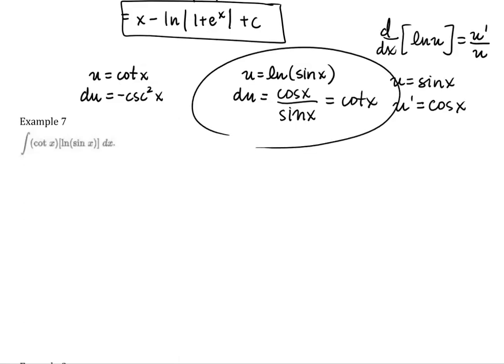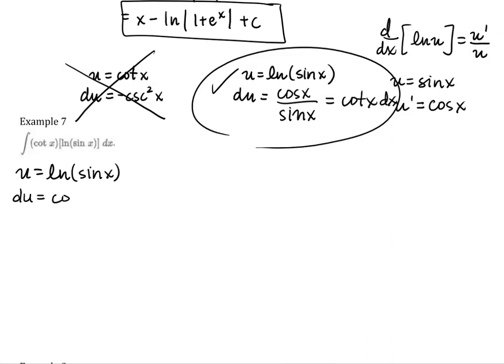So this is a good choice to use for u and du, not so much this. So I'm going to let u be natural log of sine x, and then du is cotangent x dx.